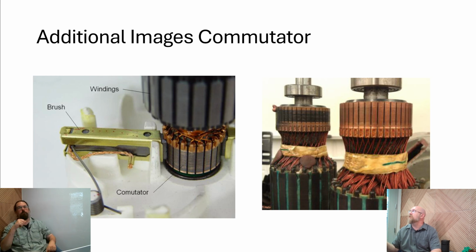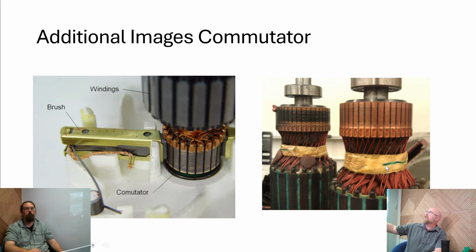You'll notice the commutator is a circular array of contacts. Each of those energizes a different field winding that you see running down the rotor on this diagram to the right.